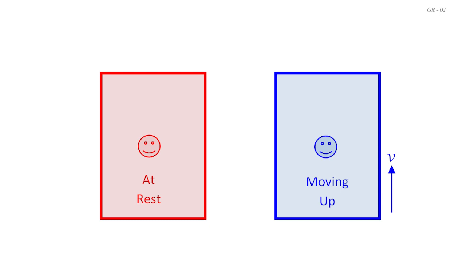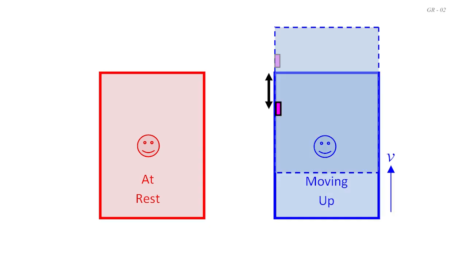As far as the red observer is concerned, he is the one at rest, and it's the blue spaceship that's moving upwards at velocity v. The red observer detects the light leaving the laser this far from the top of the blue spaceship, but by the time it gets to the other wall, he detects that the blue spaceship has moved up slightly. Let's assume it's moved to this dashed position by that time.